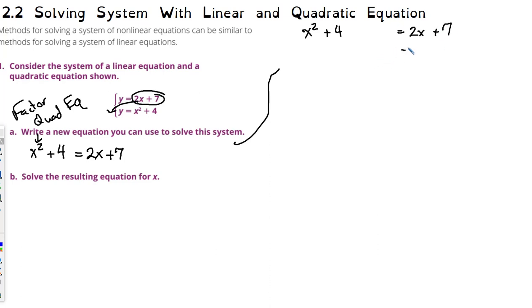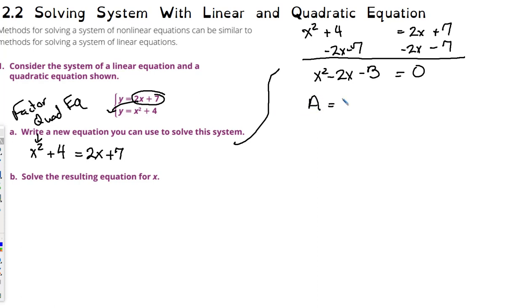So step 1 is get everything to the same side when you're working with anything quadratic. And so when we do that, we have x squared minus 2x minus 3 is equal to 0.